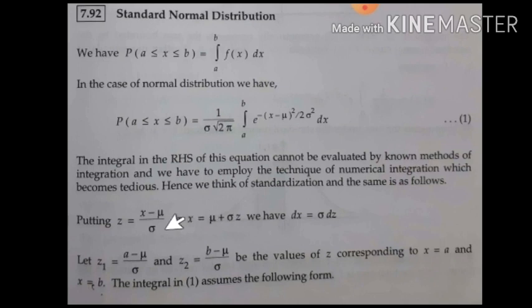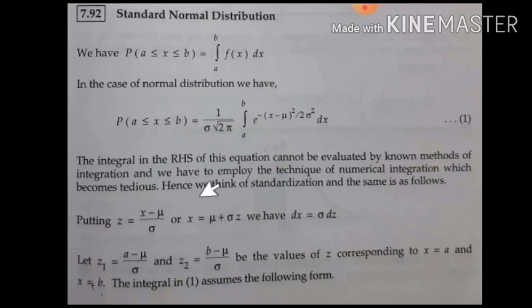Now when we do a substitution, the limit has to change with respect to that variable. Here this is the limit for the x variable. Now we need to change the limit for the z variable. If I substitute x as a, then a minus mu by sigma, let me take it as z1. When I substitute x as b, then b minus mu by sigma, let me take it as z2.